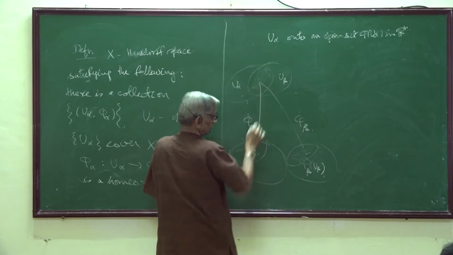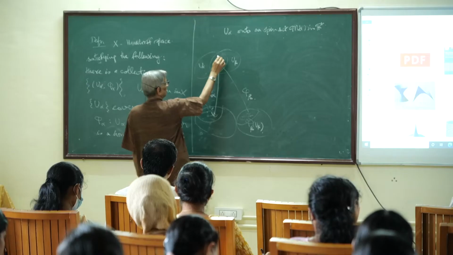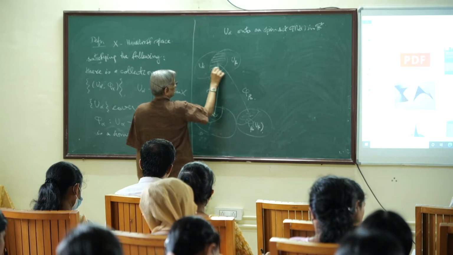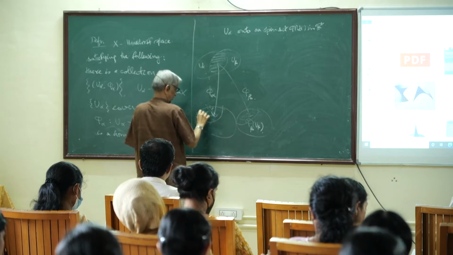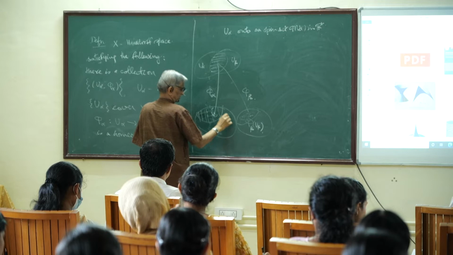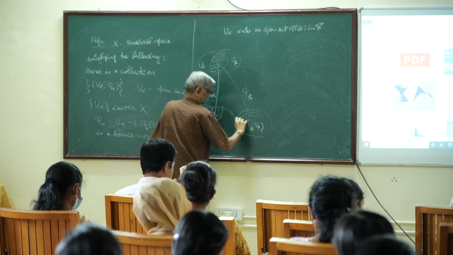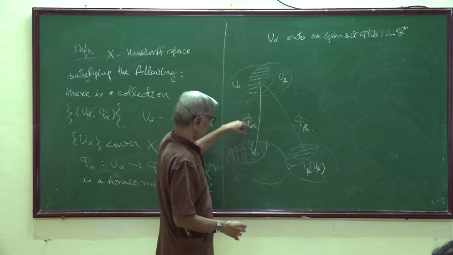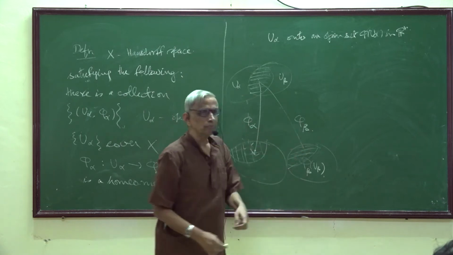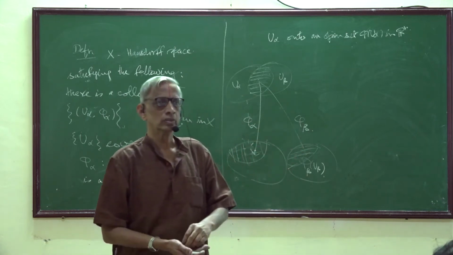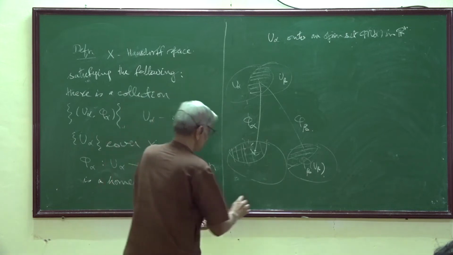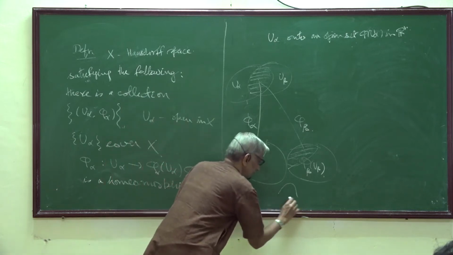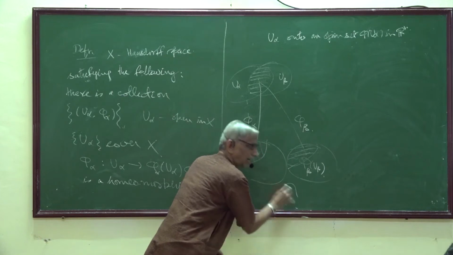The image of this here, image of this here. So the image of this intersection is this, and is similarly here. So these are all lying in Rn.